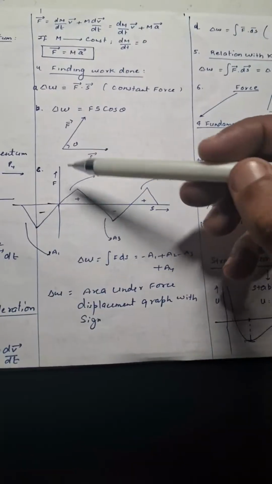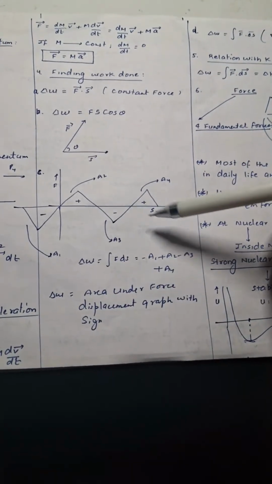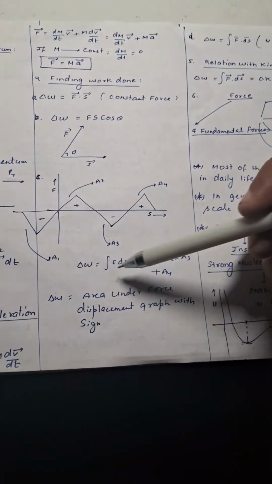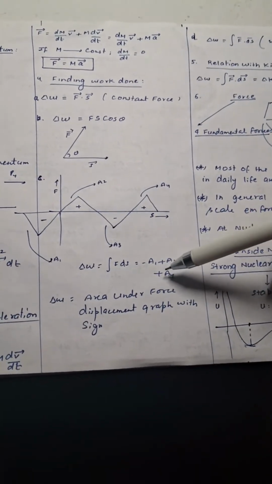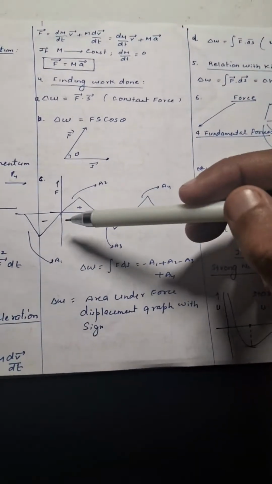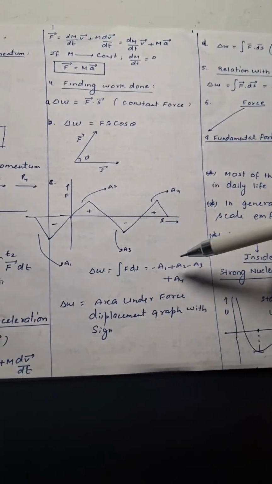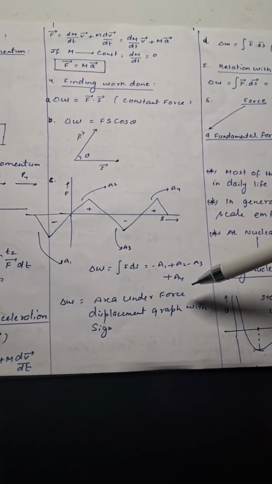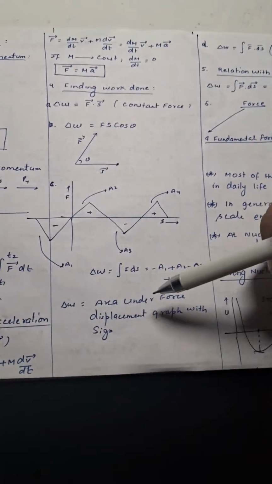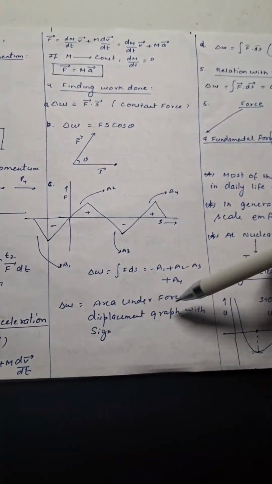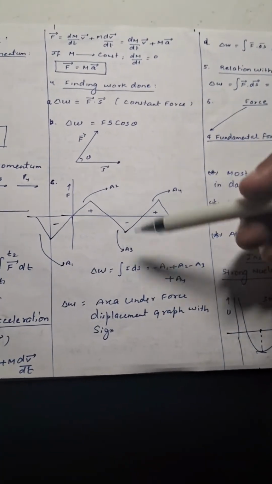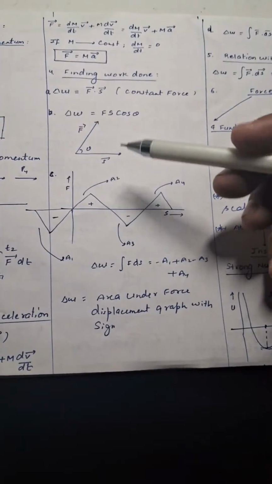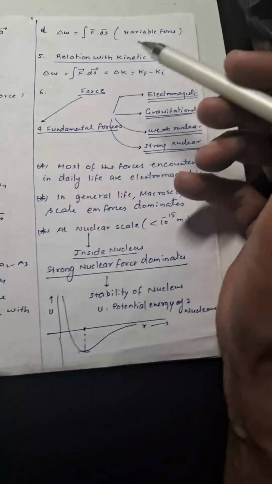Another concept: if we are given a force displacement graph, then work done is the integration of F ds, which is the area under the force displacement graph with sign, which can be written as minus A1 plus A2 minus A3 plus A4. So these are the possibilities of applications of force in different cases.